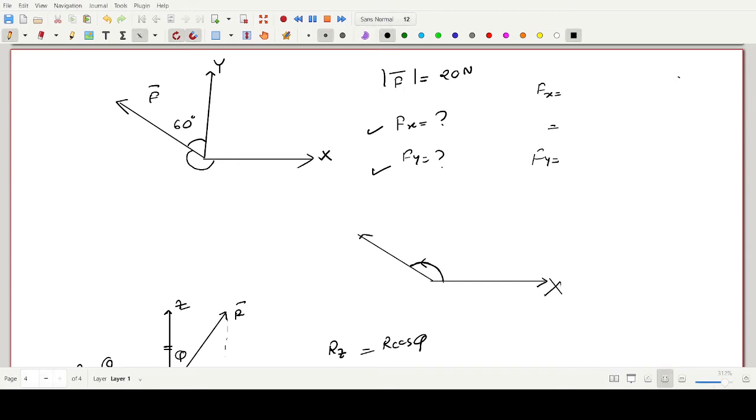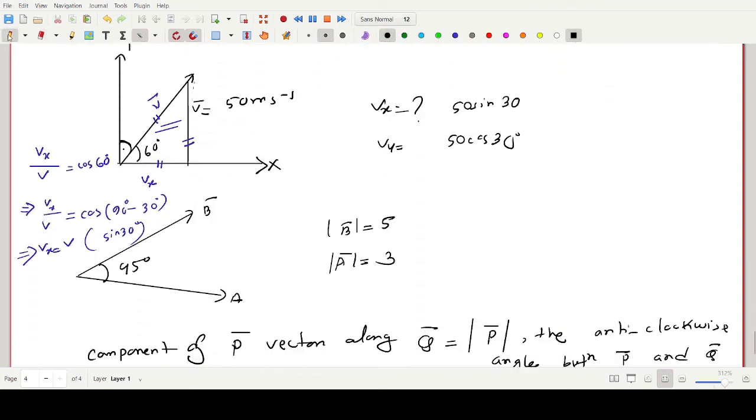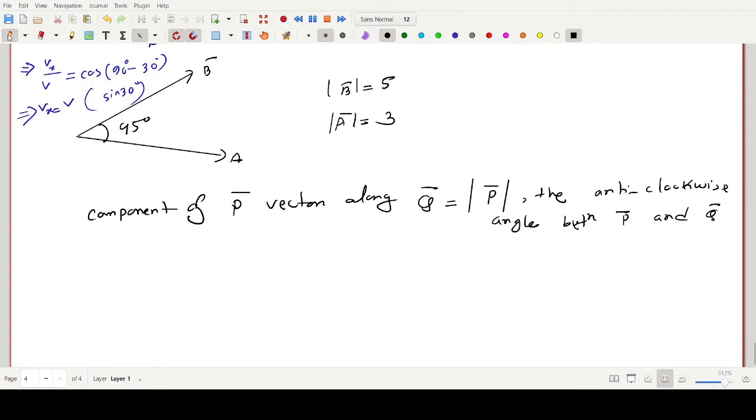Now we will learn the general rule. What we saw in our previous classes is that the angle is in most cases between 0 and 90, but it might not be the case. The rule is, say we want to calculate the component of p vector along q.